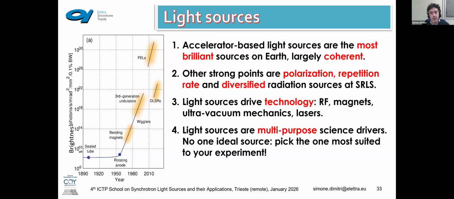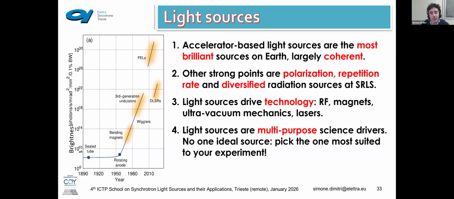This kind of radiation is not only very brilliant, so with a high density, but also largely coherent. In synchrotron light sources, and especially the fourth generation, this transverse coherence is a property which allows a far more efficient interaction of light with matter once the photons hit the sample.